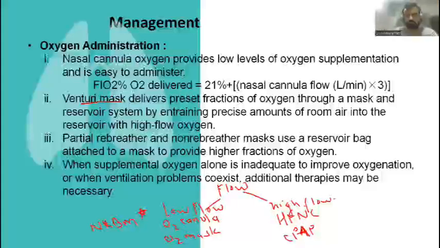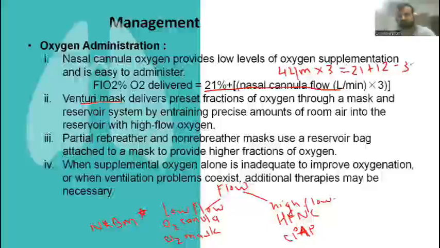Now, how do we measure the total FiO2 delivered by a nasal cannula? You have to do 21 plus 3 times the total flow of the O2 cannula. So consider that you are giving an O2 cannula flow of 4 liters per minute. You multiply by 3, so the total FiO2 that you are delivering is 21 plus 12, and that turns out to be 33% FiO2 delivered.